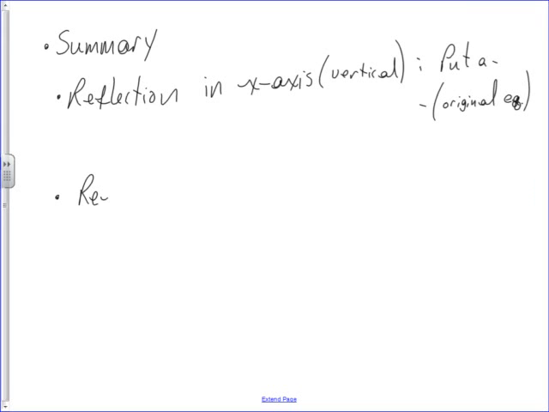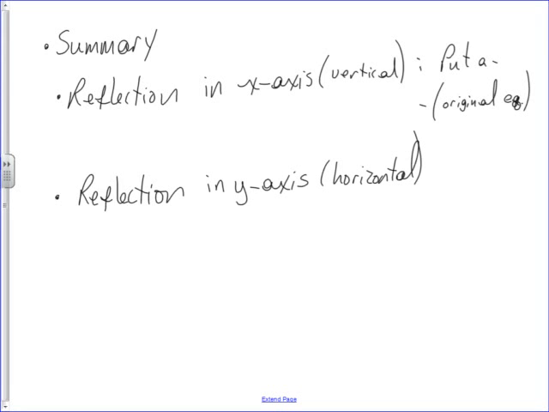For a reflection in the y-axis, or horizontal reflection, you change x into negative x.